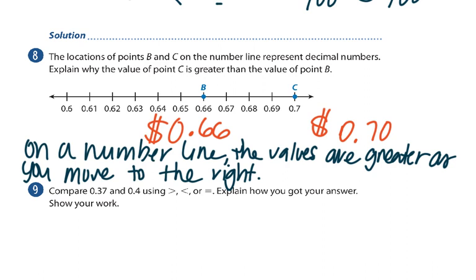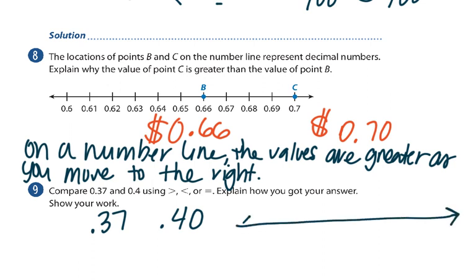Compare 0.37 to 0.4. I'm going to rewrite the 0.4 and expand it out to include that 0 that they hid from us. And on a number line, let's practice writing it on a number line. We're going to start with 0.36. And I'm actually going to write them this direction.